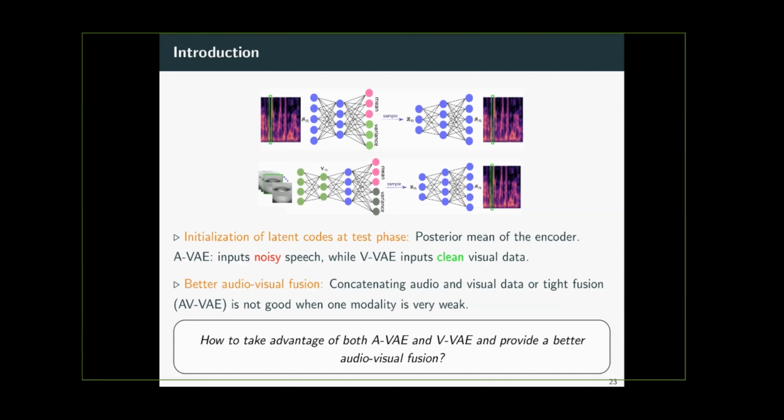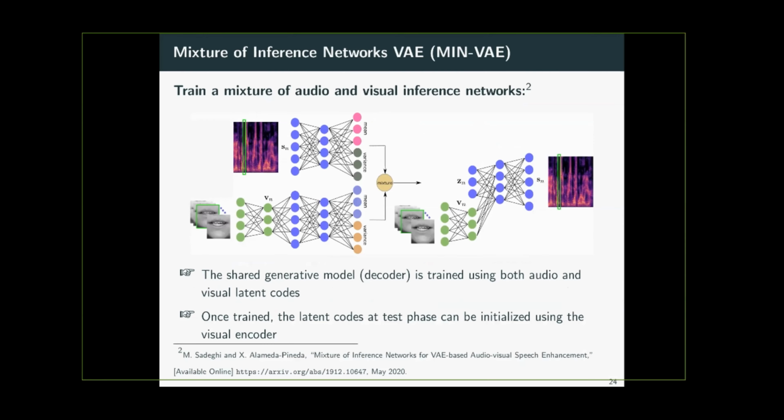So we devised a second strategy, which is actually selecting if I should pick audio only, vision only, or actually any combination of these two with different weights. Okay, so we call this a mixture of inference networks, and you can see the structure here.